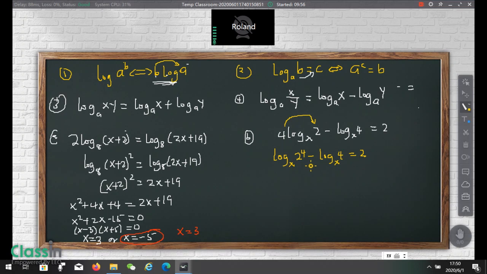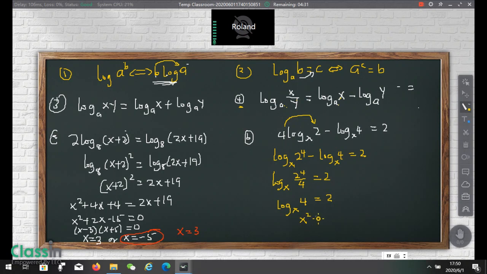And we see that it's a subtraction, so we can apply law 4. Log of a over y is simply log of a x minus log of a y. So this is simply log to the base x of 2 to the power 4 over 4, and that is 2. 2 to the power 4 is 16, and 16 divided by 4 is 4, so the log to the base x of 4 equals 2.